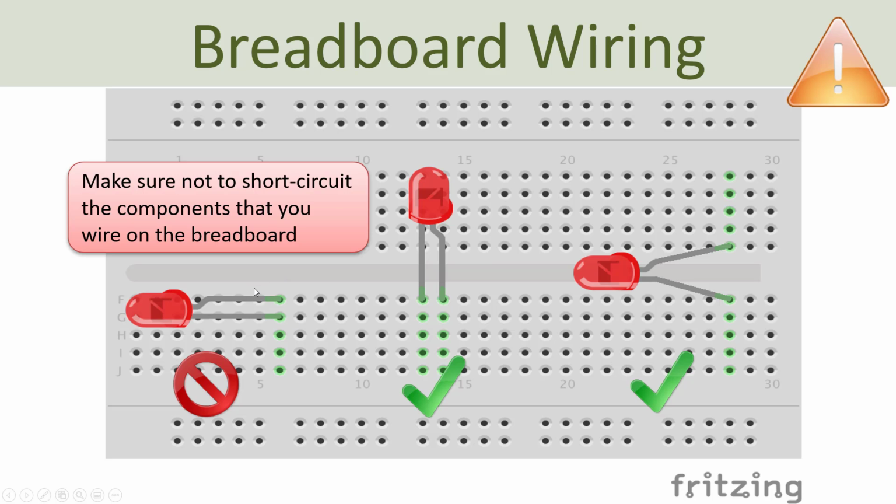If you connect like this, you will short circuit the LED, because all these holes on the breadboard are connected. So this is the proper way to connect a LED on your breadboard.